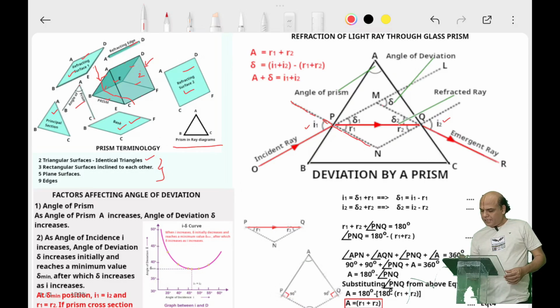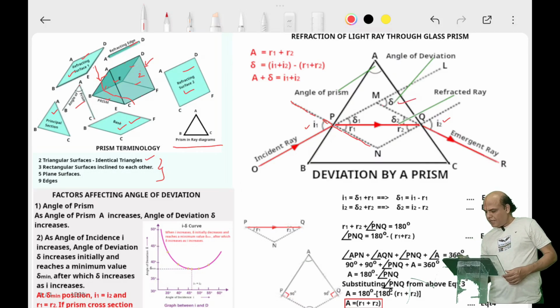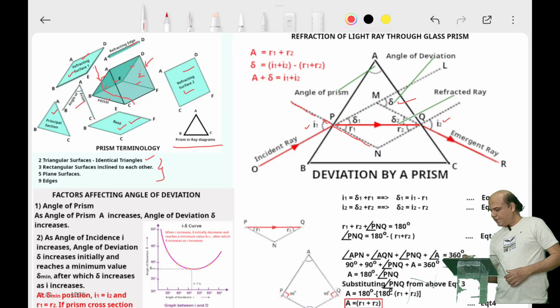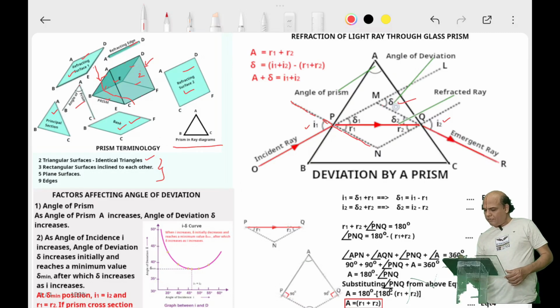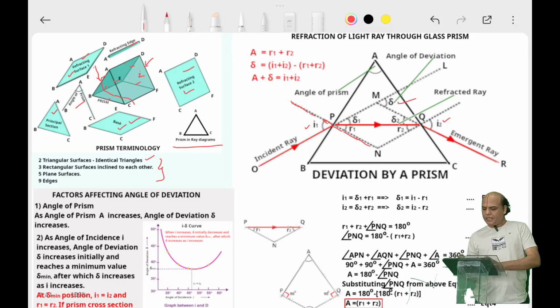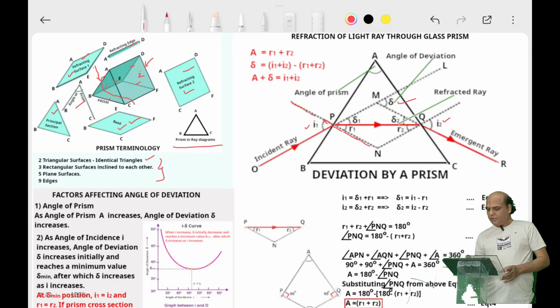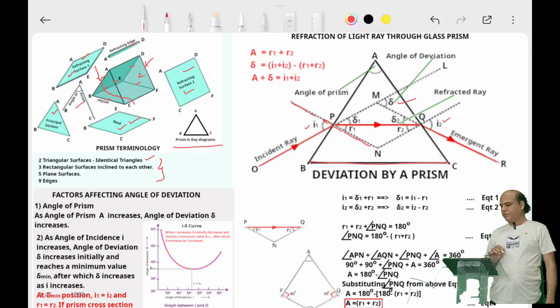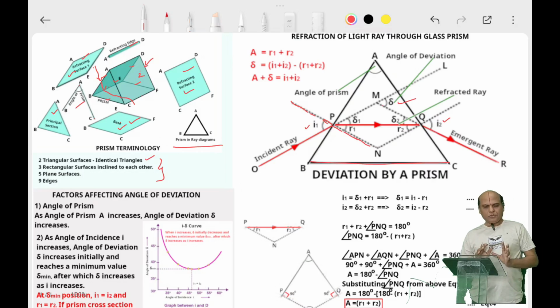If the extended emergent ray meets the extended incident ray, let us call that point of intersection M. The original direction of the incident ray forms an angle delta with the final emergent ray direction. This angle delta is called the angle of deviation. Finally the incident ray has been deviated by the angle of deviation, so the light ray tends to move towards the base of the prism. Understood?